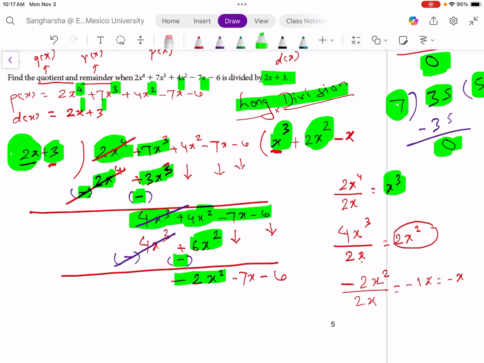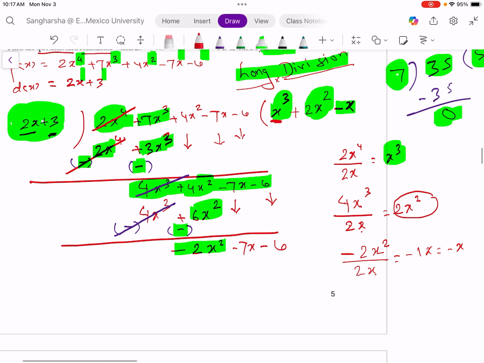Now you multiply negative x and every term of the divisor. So negative x times positive 2x, that is negative 2x squared. Negative x times positive 3, that is negative 3x. Now we change sign. So negative 2x squared changes into positive 2x squared.